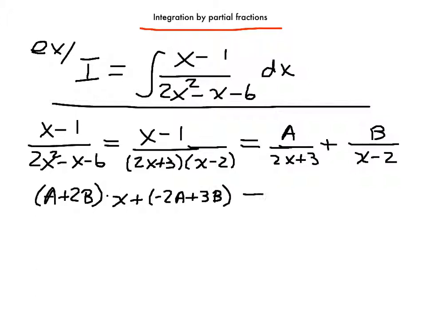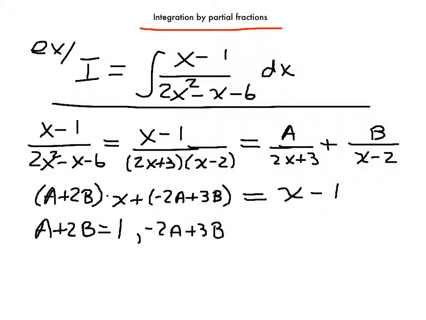And that would have to equal the numerator on the original one, which is x minus 1. So therefore, A plus 2B would have to equal the coefficient on x, which is 1, and minus 2A plus 3B is the constant term, and that's minus 1.